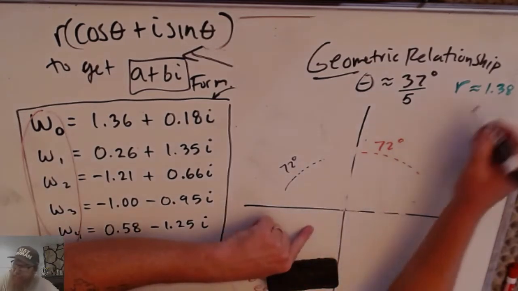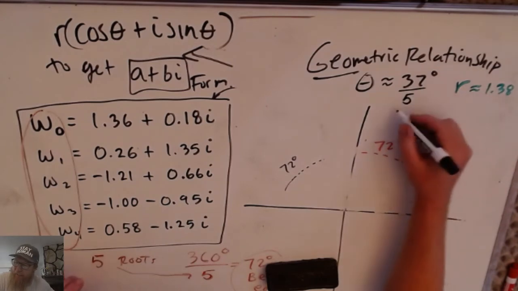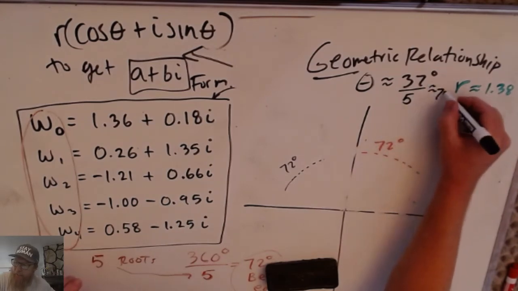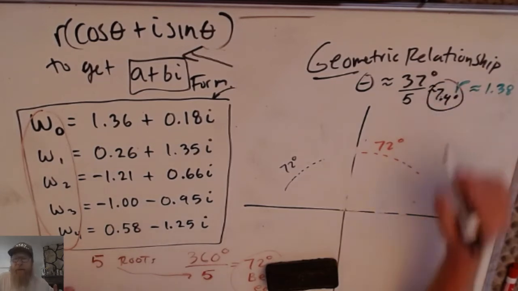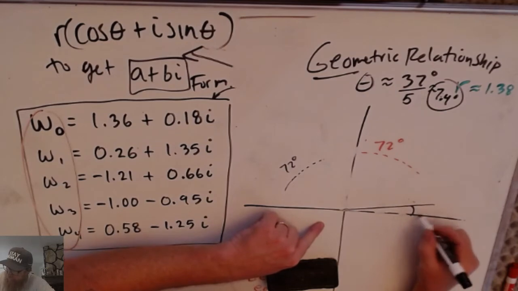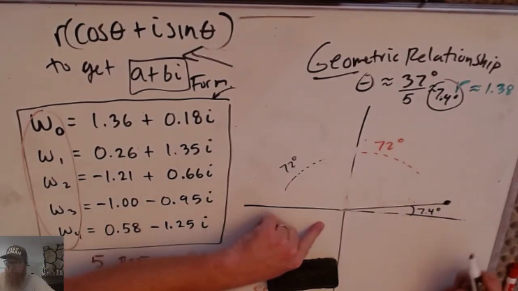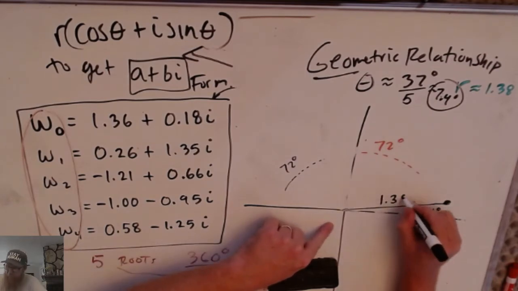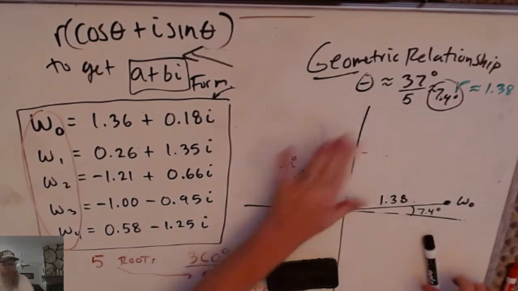So we're really at 7.4 degrees, so much smaller angle here. All right, and then my 1.38 is the length, and that's my initial. So now it makes a little more sense.